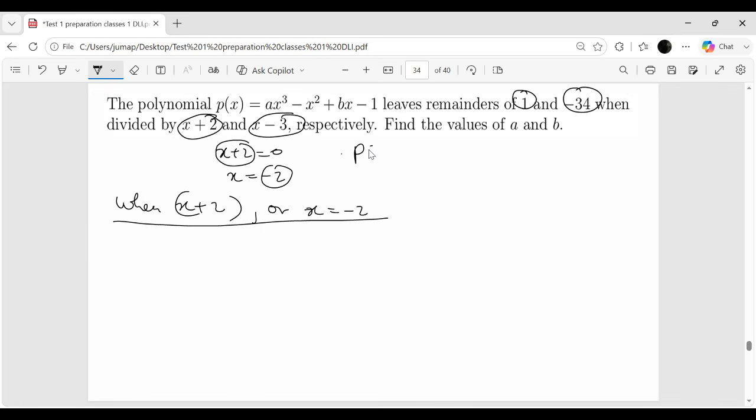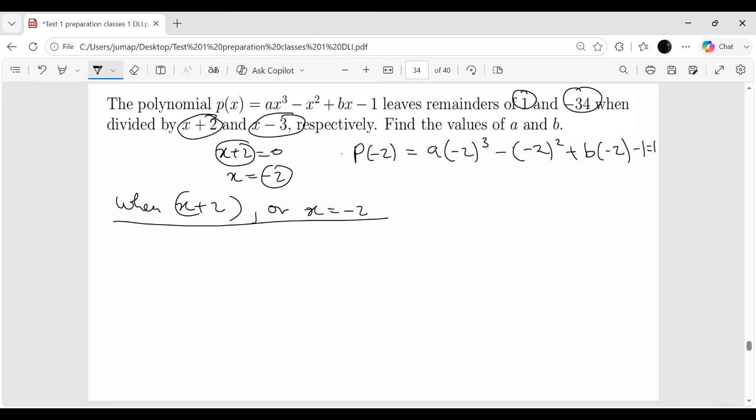Now, when you plug in this negative 2, p of negative 2 is equal to a, then you plug in x as negative 2 like this, minus negative 2 squared plus b times negative 2, minus 1. It must give me what? It must give me a 1. Clear?